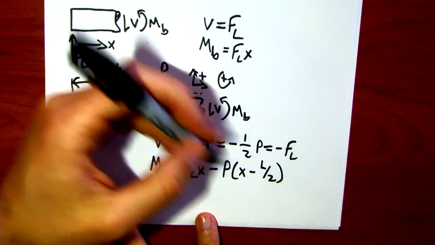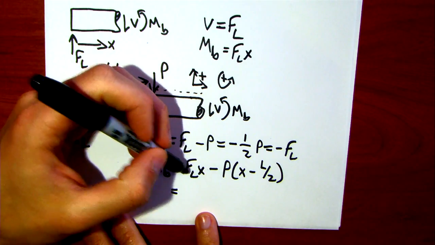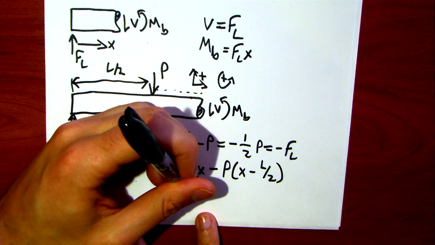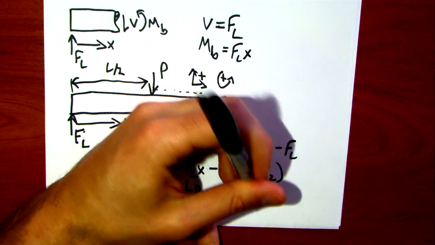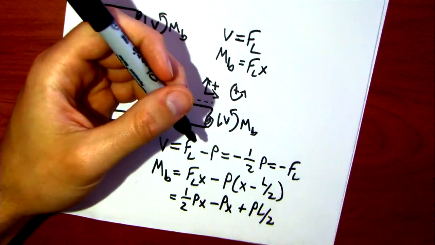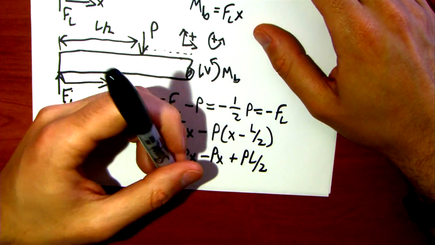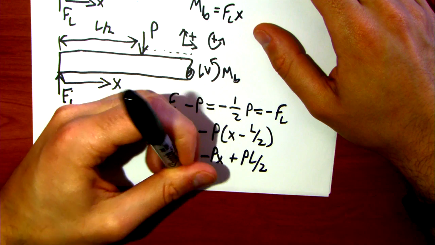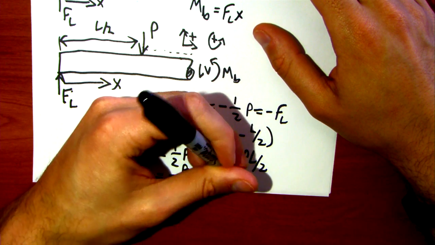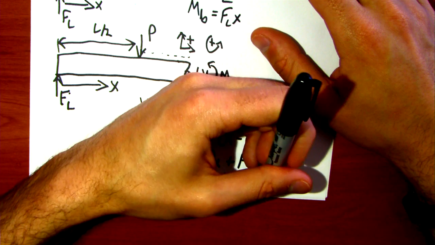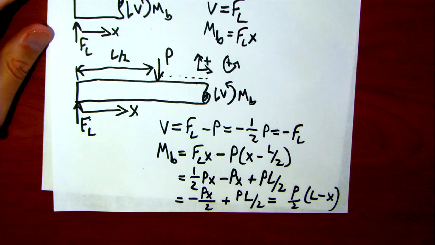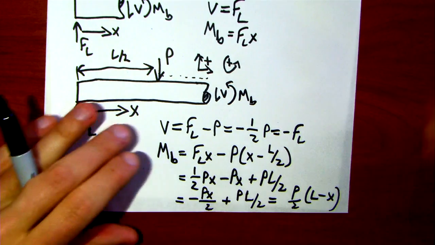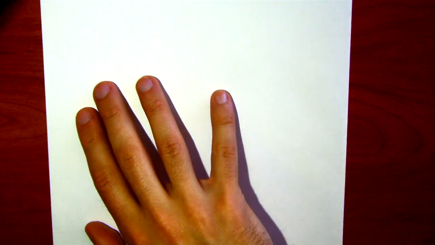Or if I wanted to simplify this a bit, knowing that FL is 1/2 P, this would be 1/2 PX minus PX plus PL/2, or negative PX/2 plus PL/2, or P/2 times (L minus X), if you wanted to condense that up. At any rate, all this to say something that we've seen several times before.